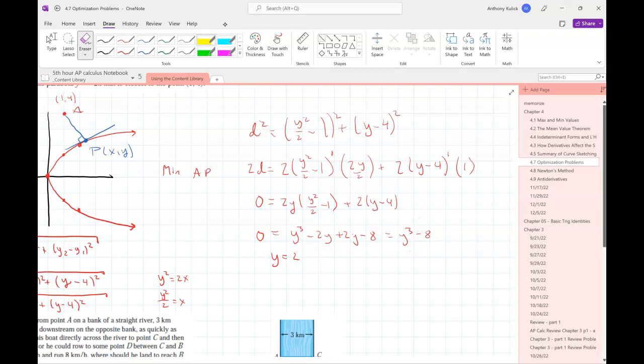All right. So this should be the minimum, right? How could we check to confirm it? If I take the second derivative, I should get something that is always positive. So let's do that real quick.